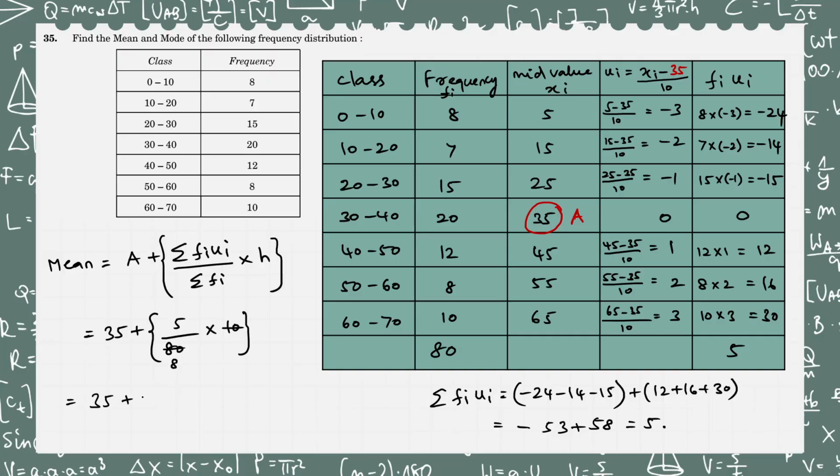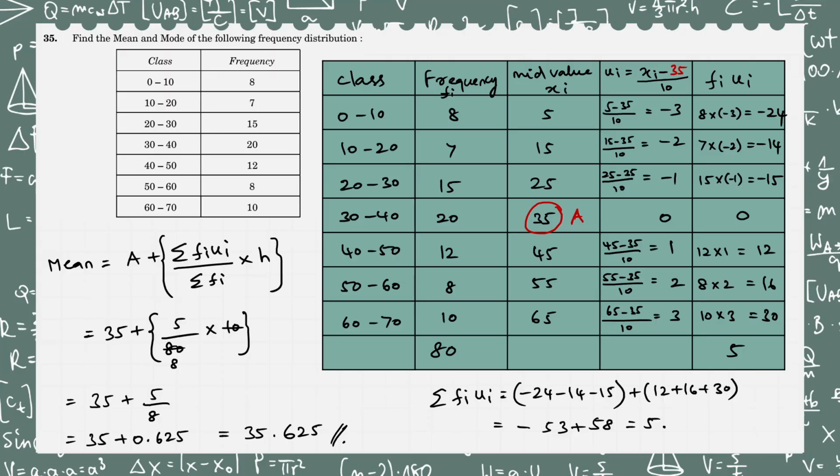So this will be 35 plus 5 by 8, and 5 by 8's value will be 0.625. When we add both of them, we get 35.625 as the value of the mean.